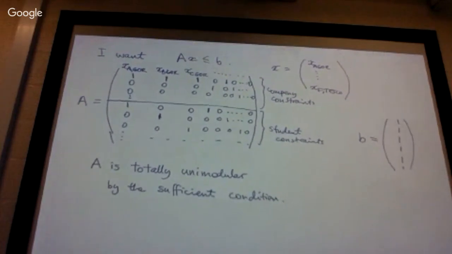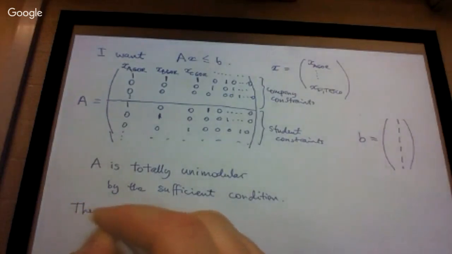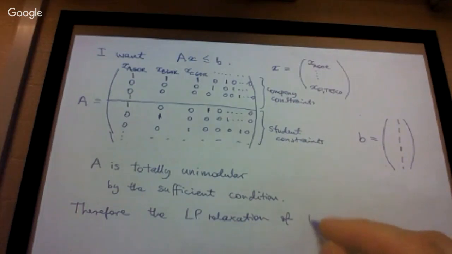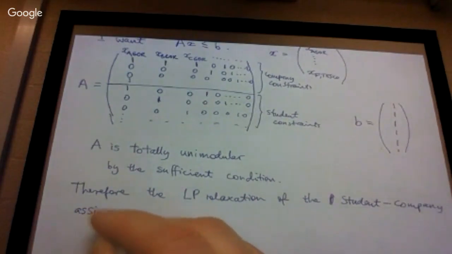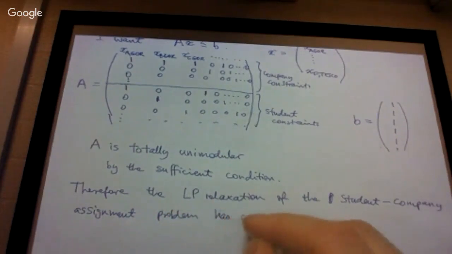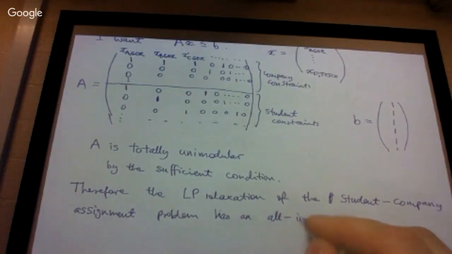So totally unimodular, and therefore the LP relaxation of what's called the student company assignment problem has an all integer solution.